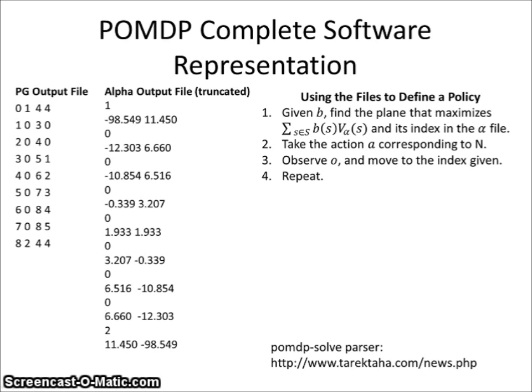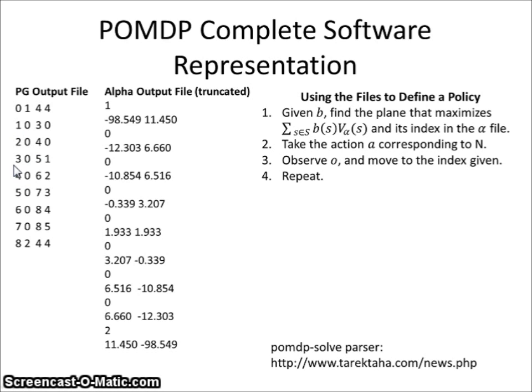So let's say we have done that, and we find that the maximum for our current belief state is the third one here. Then we go to our PG file, to line 3. This first column is just an index of which alpha plane you should be looking at, or you came from.